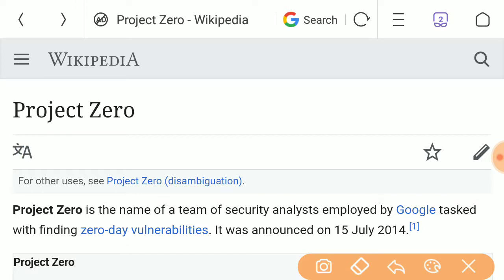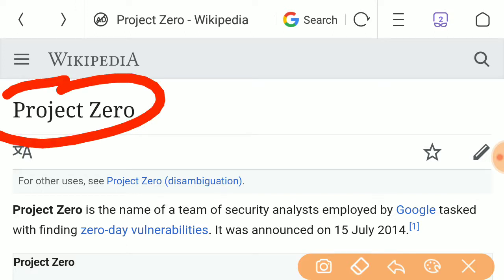Now, this Project Zero, as the word zero indicates, targets 0-day vulnerabilities. So it is basically a team of Google researchers who are tasked to find 0-day vulnerabilities in products.